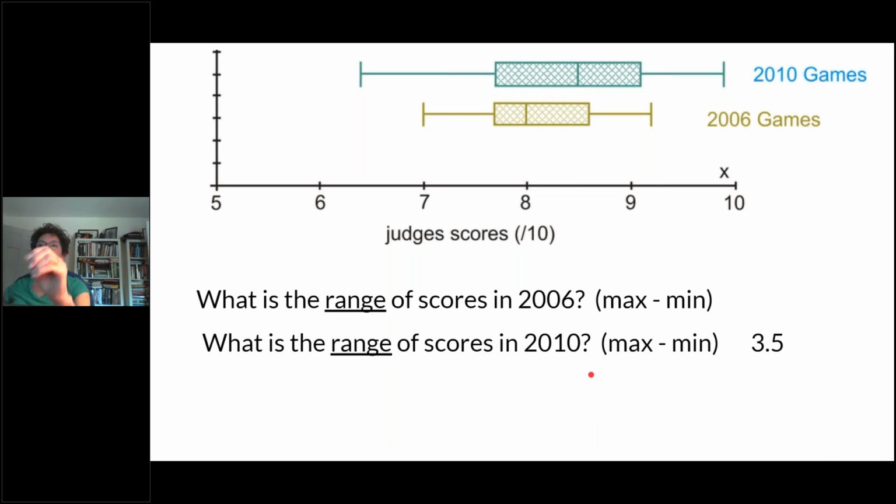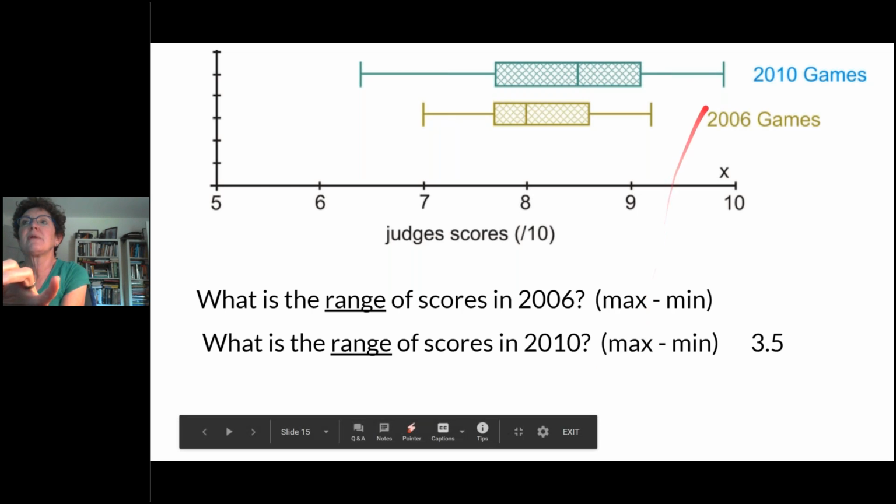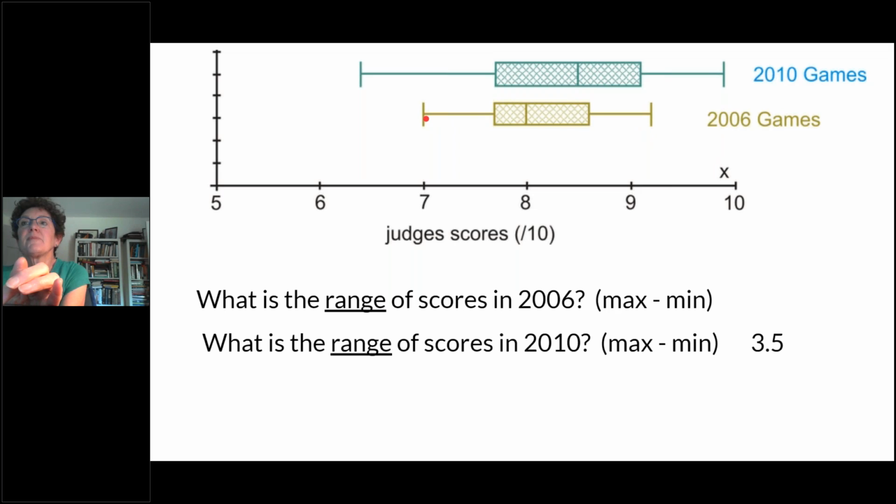Now, here's something else that we could ask. What is the range of scores? And we haven't talked about this except in general. The range of scores is the maximum number for 2006 minus the minimum number.